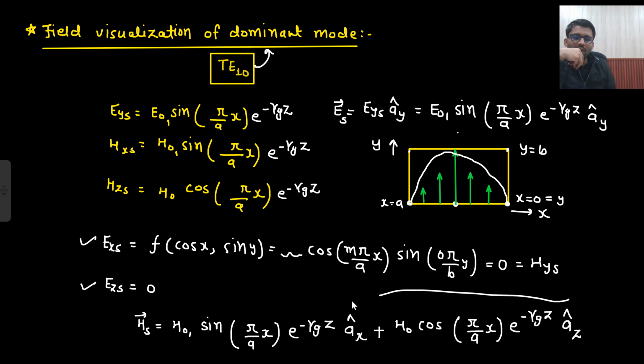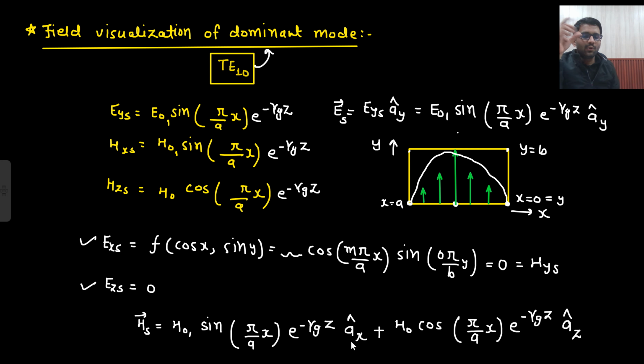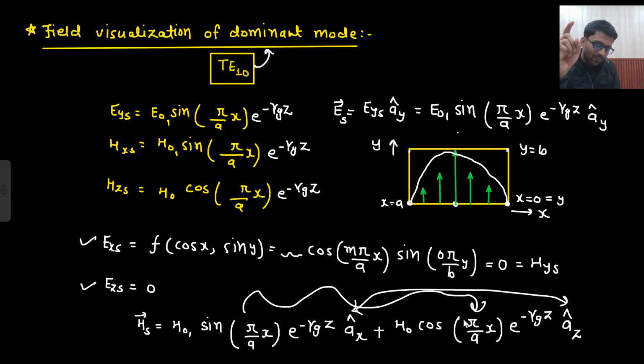Can you let me know how the resultant of these two fields will look like? Two fields which are orthogonal, having a phase difference of pi by 2. If you remember the wave polarization lecture, two fields perpendicular to each other, one in x direction, one in z direction, having a phase difference of pi by 2, what will be the resultant?